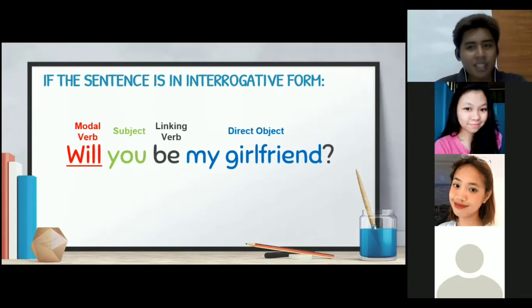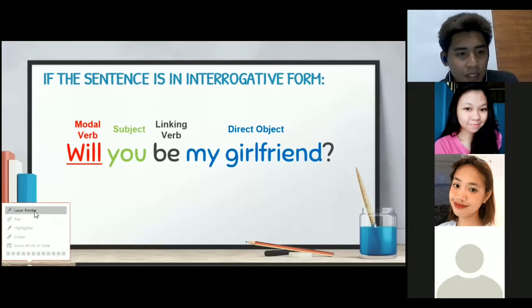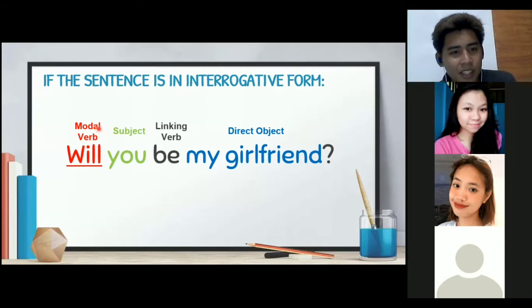Now you have already identified the uses of the words and phrases present in this interrogative sentence. What do you think is the use of the word will, of the modal verb will?